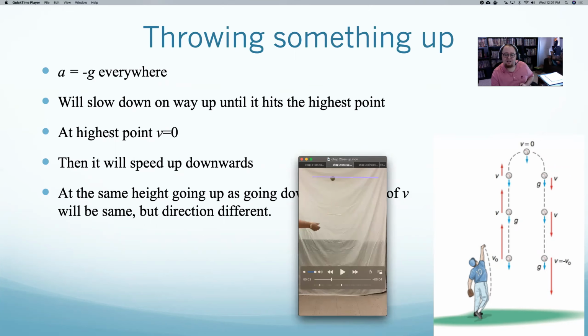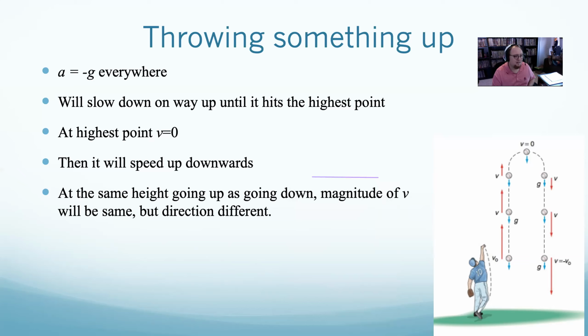At any given height, the velocity will be the same magnitude on the way up and way down. The signs will just be different. When this ball reaches the exact same height it was thrown from, the velocity of the ball will be exactly the same as the velocity it left this person's hand. It'll just be in the negative direction where initially it was in the positive direction.